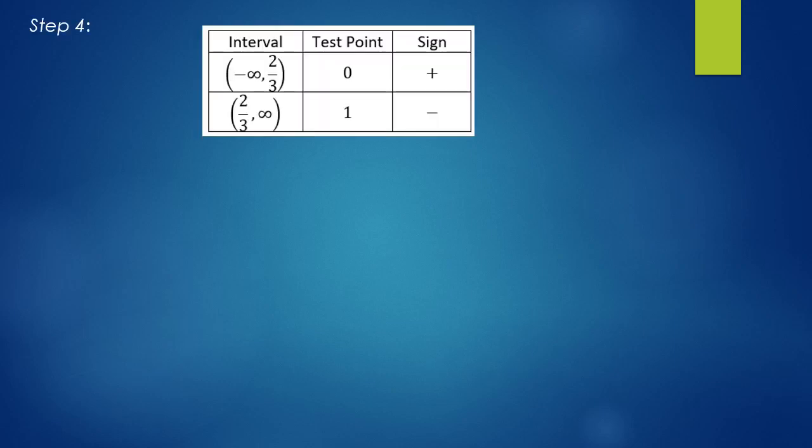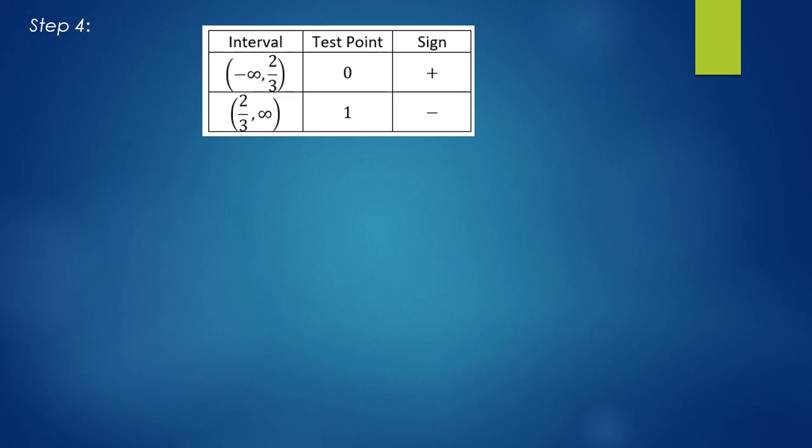So again, we will make a table with 3 columns. The first column is the interval, the second column is the test point, and the third column is the sign. So once you have the intervals, what you need to do now is choose a test point that is contained in that interval.